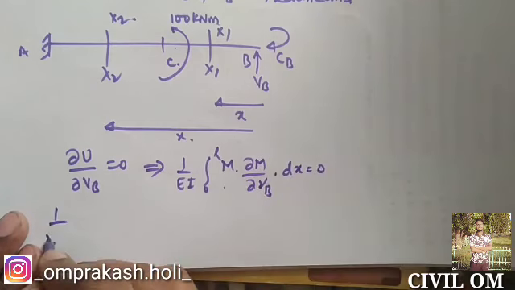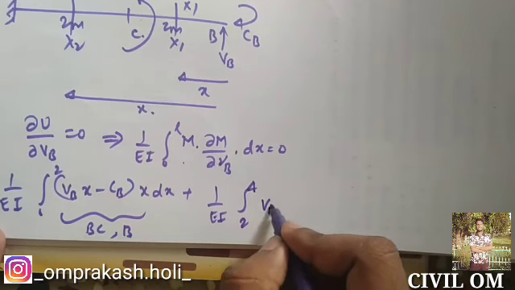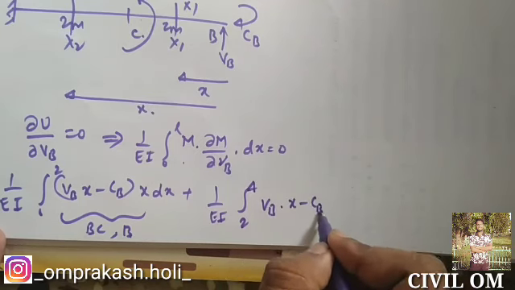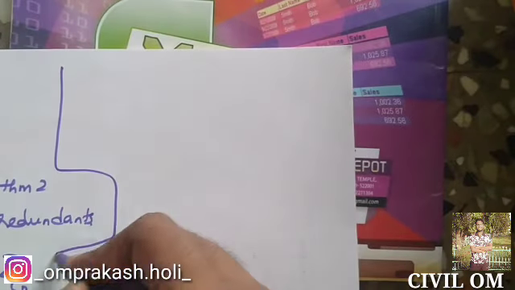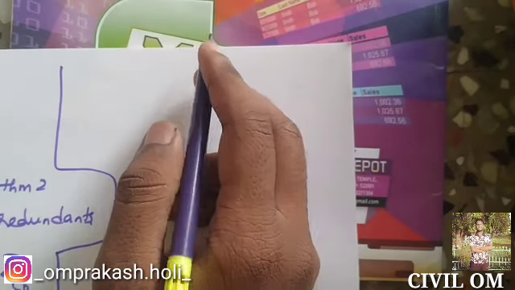Now next portion we are considering 1 over EI. So the portion is BA considering B as the origin. The limits are 2 to 4, VB into x minus CB plus 100 into x into dx, which is equal to 0. So this is the portion BA considering B as the origin. Let's solve this. After solving, what we are going to get?